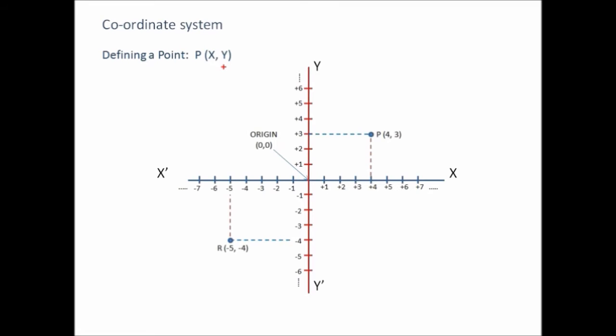Now here we will try to understand this point with the help of an example. Here I took the value of P in bracket 4, 3. It means the value of x is 4, that is x is equal to 4, and 3 is the value of y, that is y is equal to 3.